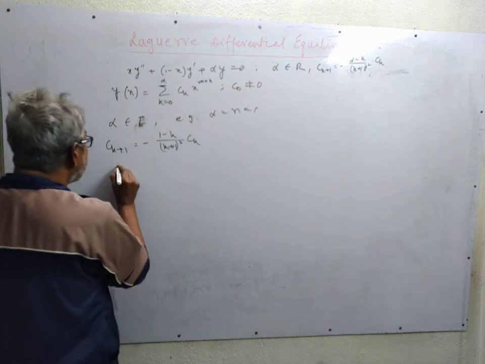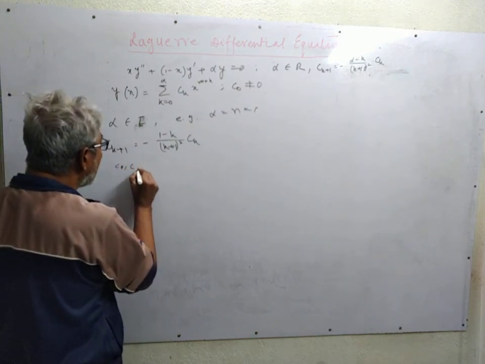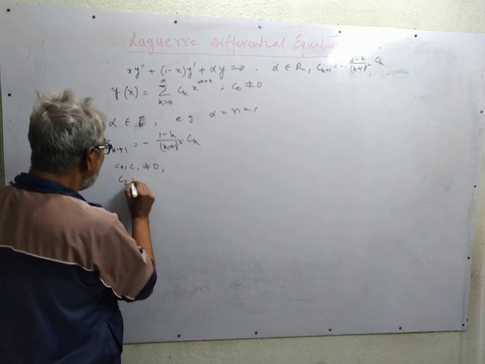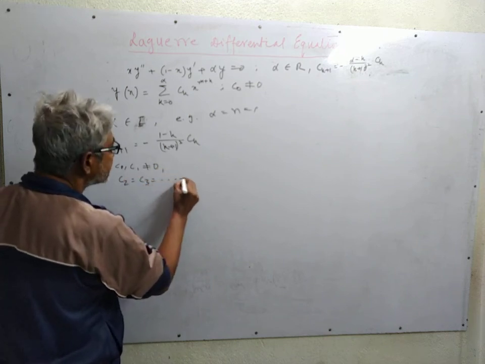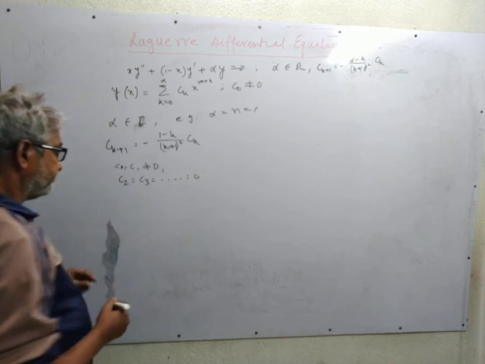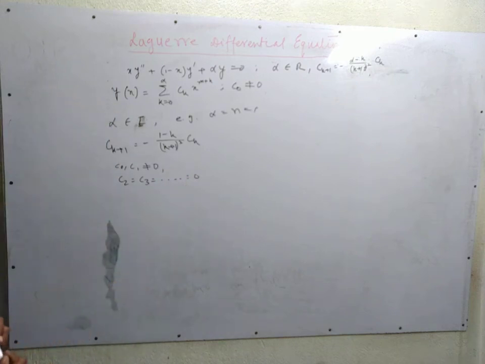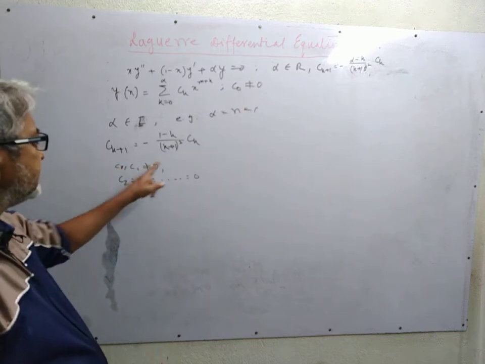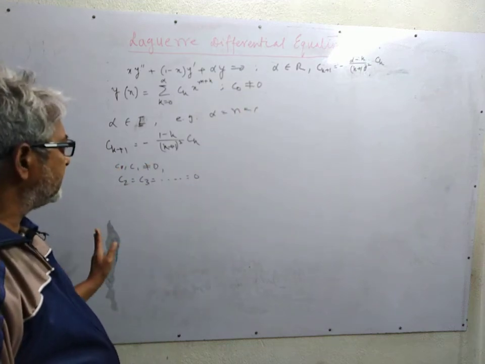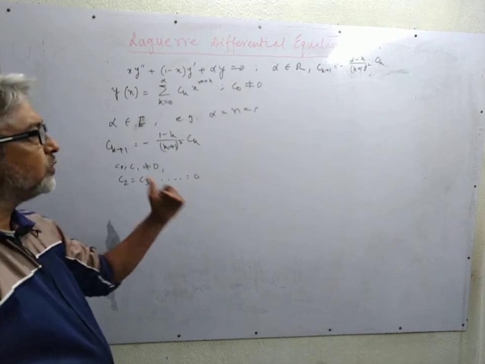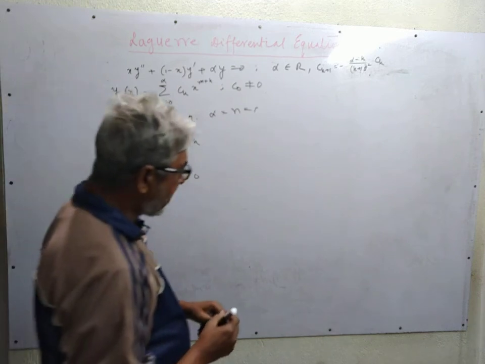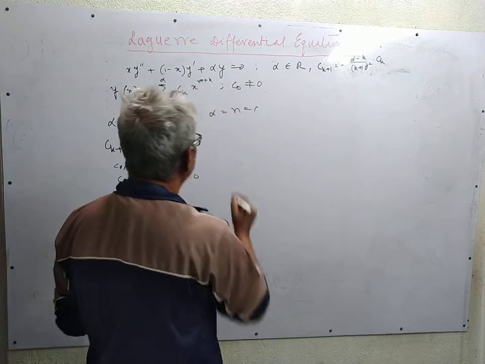So we find that C0 and C1 are not equal to 0, but C2, C3 etc. are 0. Similarly, if n happens to be 2, then C0, C1, C2 will in general not be 0, but C3 onwards will be 0. So what can we accomplish by choosing a special value of alpha?